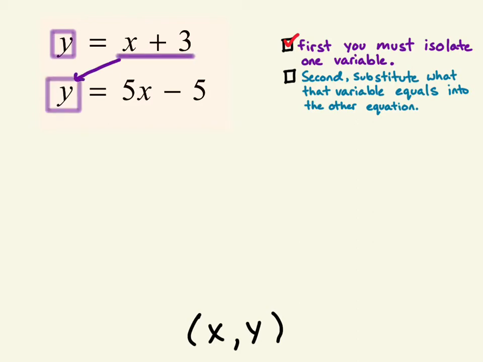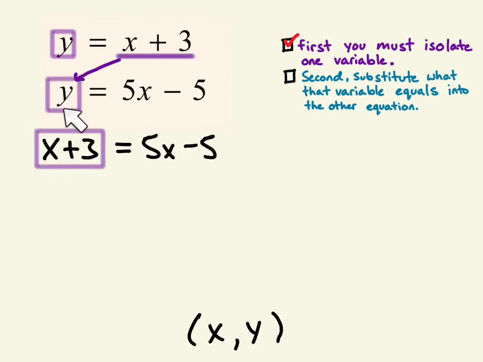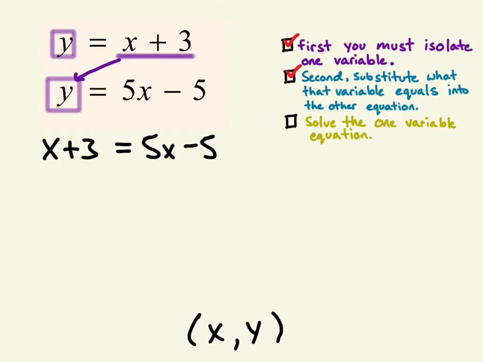And then second was to substitute what that variable equals into the other equation. So x plus 3, I'm going to substitute in for y in my other equation. I have x plus 3 equals 5x minus 5. And then solve the one variable equation. This is a one variable equation, so I can solve for x.